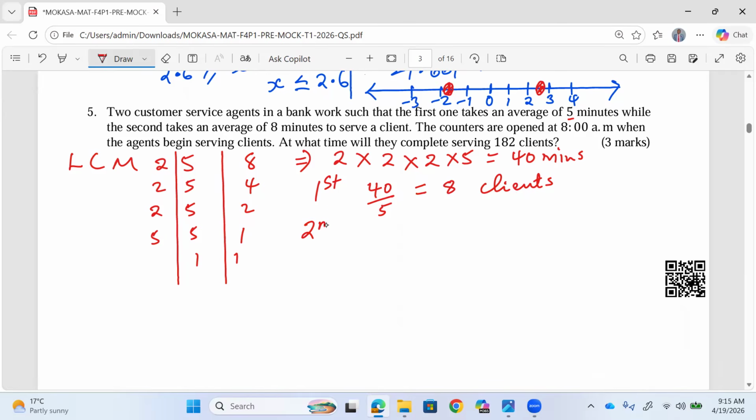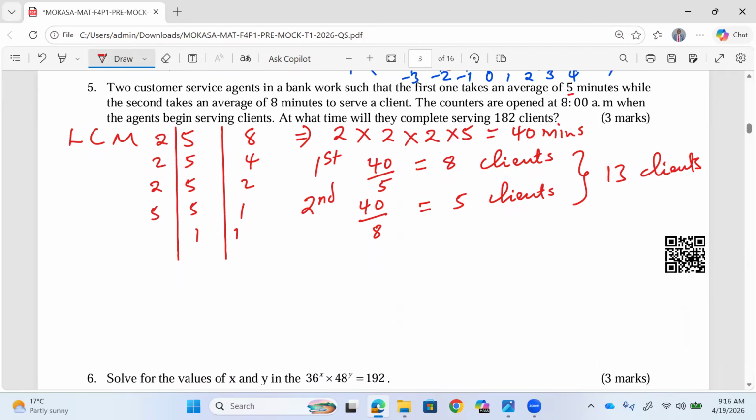Then the second one, taking 8 minutes, will have served 5 clients within the 40 minutes, meaning that combined they will have served 13 clients.